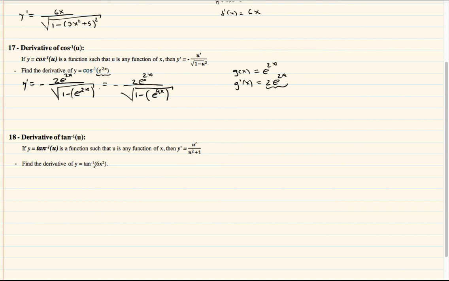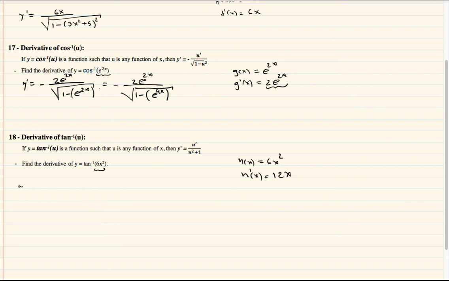Look at this example. y is equal to tan inverse of 6x squared. 6x squared is actually our argument, so we can call this h of x is equal to 6x squared. The derivative of this, which follows the power rule, becomes 12x.